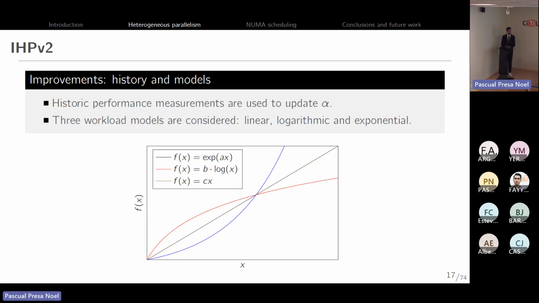We tried to solve these flaws in the second implementation of IHP. So we took into account historic performance measurements to update the value of alpha. And we considered three different workload models: linear, logarithmic, and exponential, since we thought that those behaviors should be treated differently.